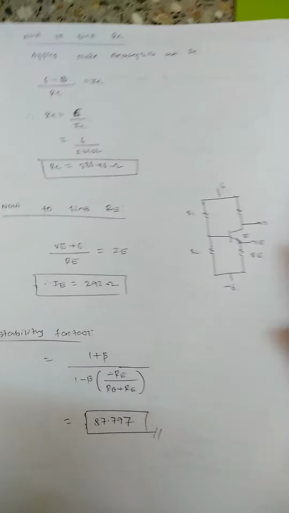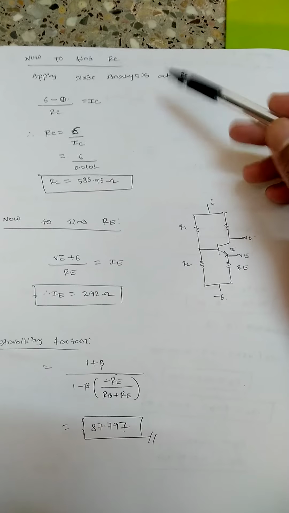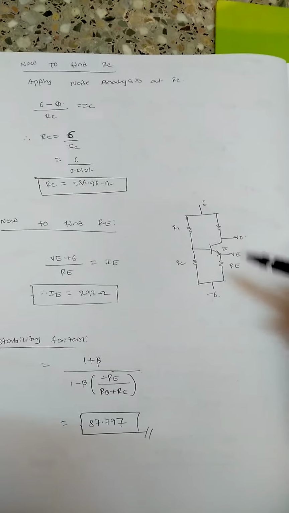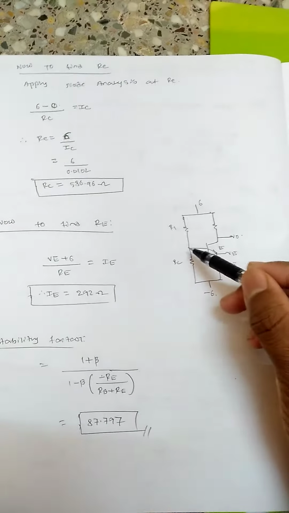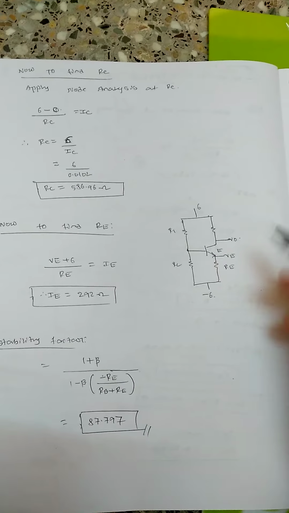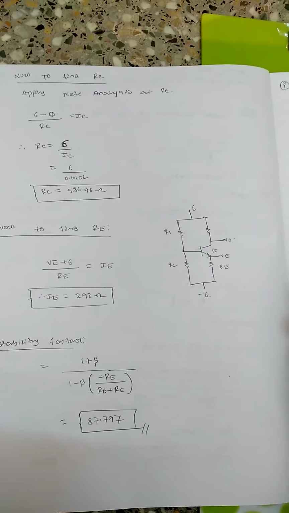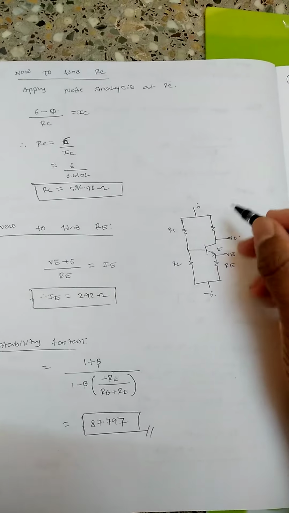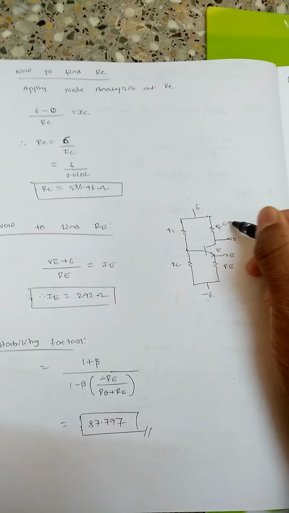Okay, so now to find RC, apply node analysis at RC. I have drawn the circuit again here, so it will simplify our work, and I need not see that page again and again. So apply node analysis at the collector. So this is the collector, that is RC here.